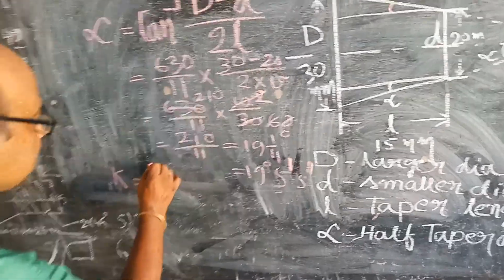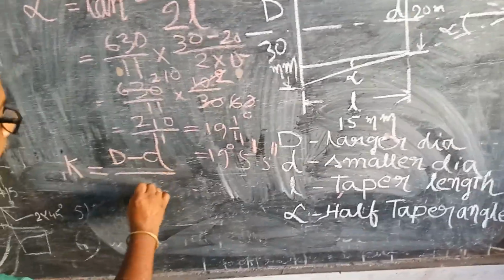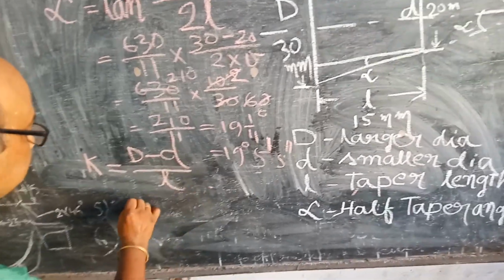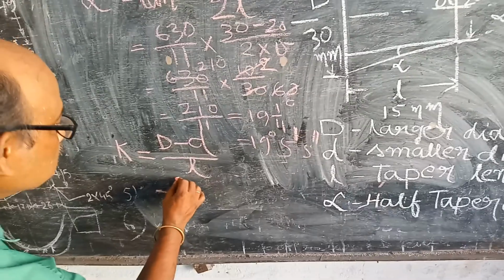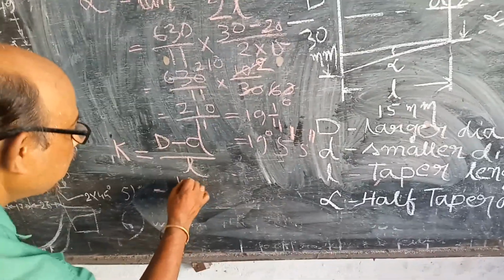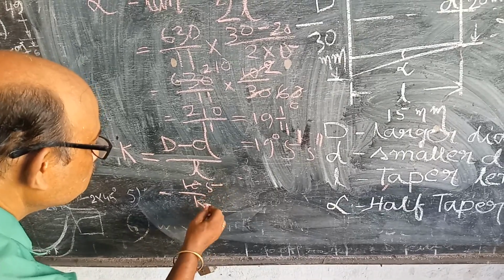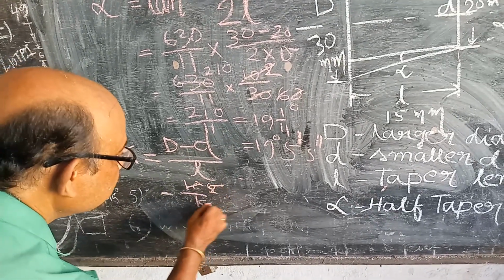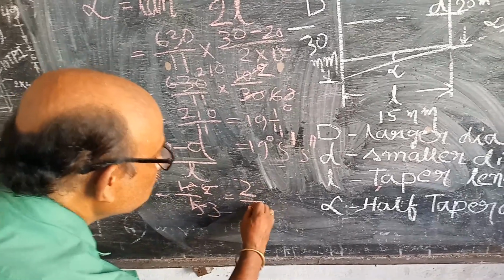Conicity means capital D minus small d by L. That means 30 minus 20, 10 by 15. Five twos are 10, five threes are 15, so 2 by 3. This is the conicity ratio.